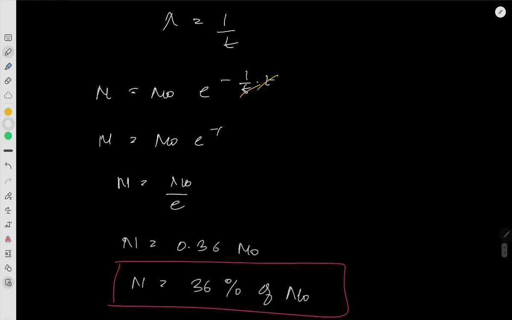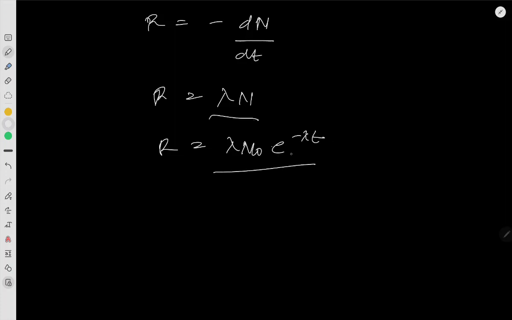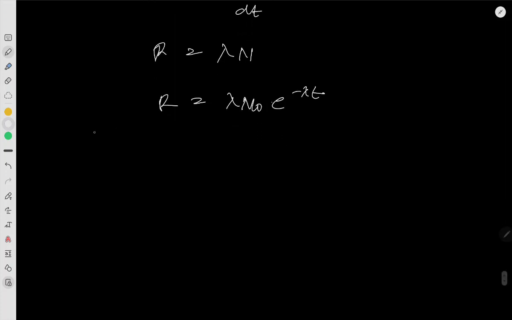So putting that lambda times N over here, radioactivity is lambda N or lambda N naught e to the power minus lambda t. Both are the same. So when t equals 0, R equals lambda N naught. Let this be R naught, the initial activity.